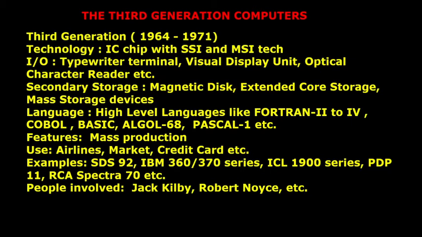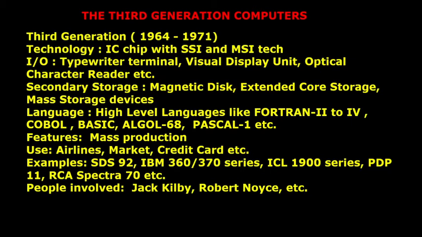For secondary storage, magnetic disk, extended core storage, mass storage devices, etc. were used. The programming languages for this generation were high-level languages like Fortran 2, 3, and 4, COBOL, BASIC, ALGOL 68, Pascal 1, etc. And these computers were, unlike previous computers, produced in large quantity for the masses, and they were used in airlines, marketing, and credit card transactions.